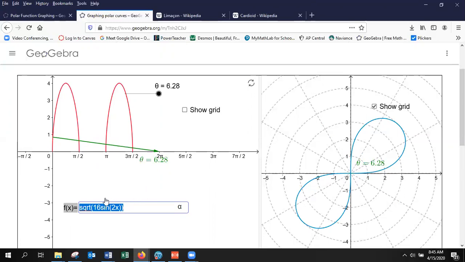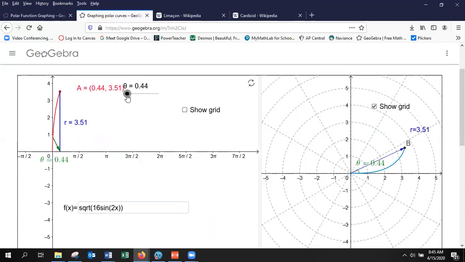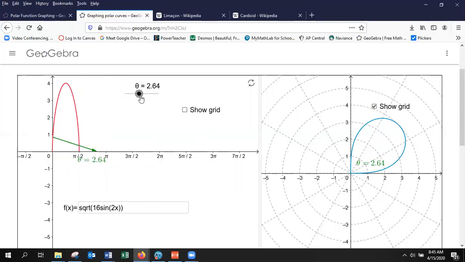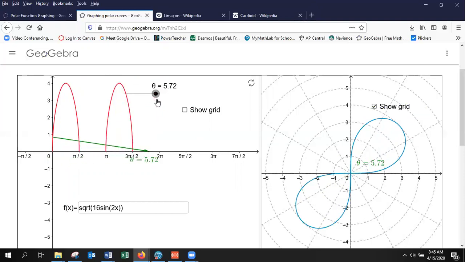There are a lot of students who always ask me, well, you only dealt with the positive square root. What happens if we have the negative square root? Before I get into that, let's kind of see how this gets developed. So we see the full petal, imaginary petal, full petal, imaginary petal. So what happens is this graph gets created here. There actually is an imaginary petal down here. We now graph this one, and then we graph that one.